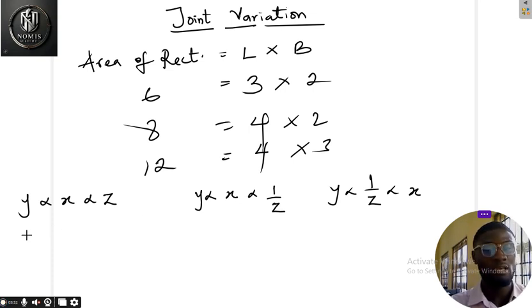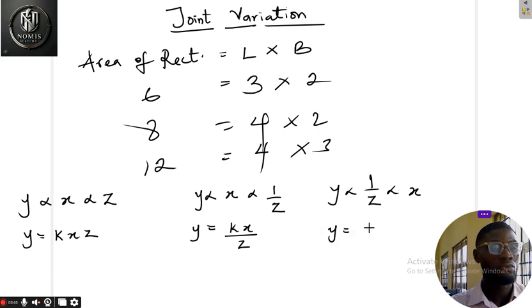So in this case, it becomes y equals k x z. In this case, we have y equals k x all over z, because this is 1 all over z.